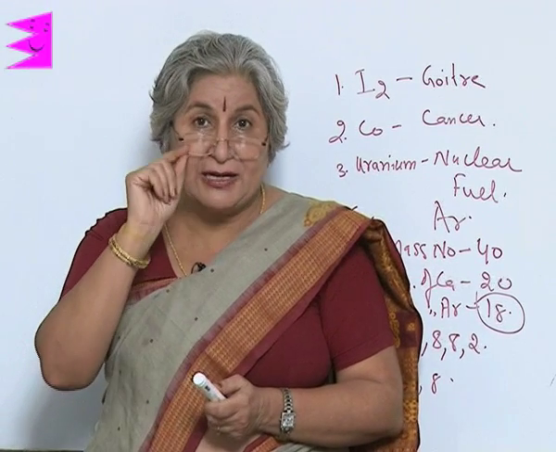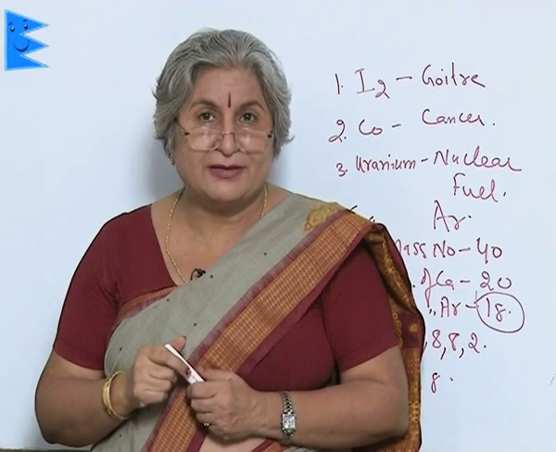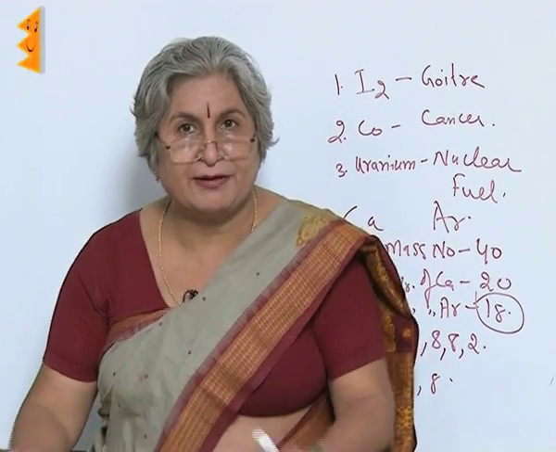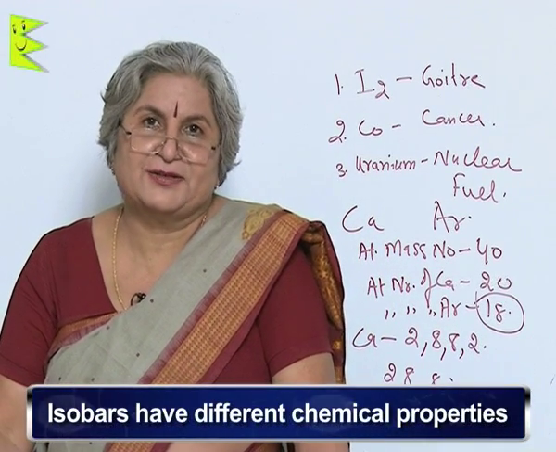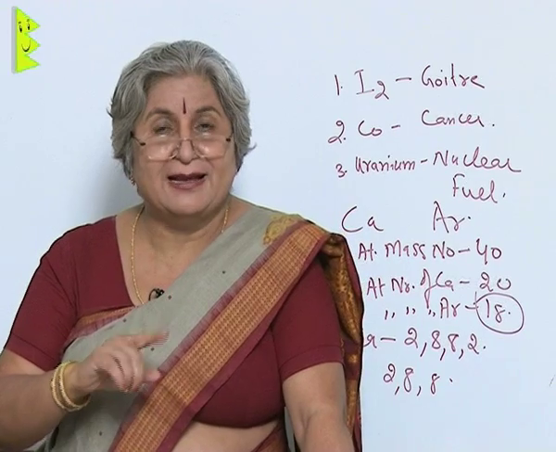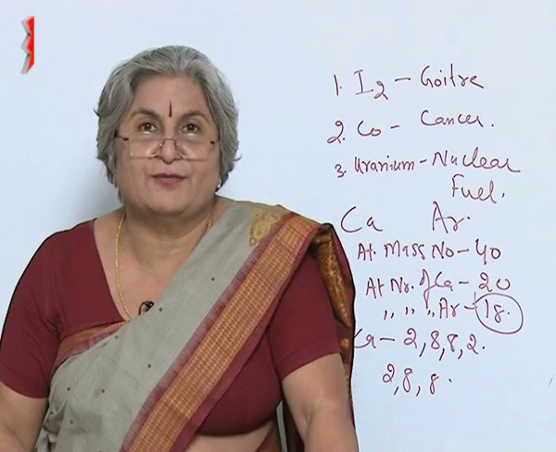So, what does this mean? This means isobars will have the same chemical properties or different? They will have different chemical properties. So, now we can understand why atoms of different elements have different properties.